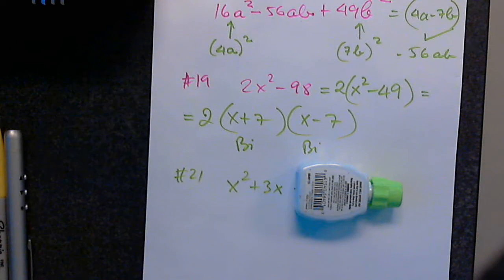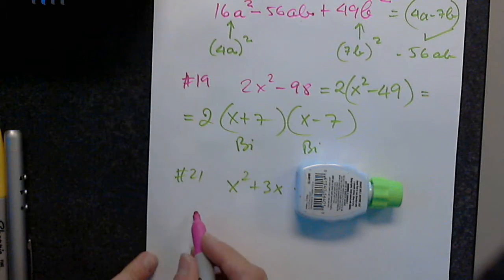If that doesn't work, I will try the first grouped with the last and the middle two. So there are 3 different options. First two, last two is one option. 1 with 3, 2 with 4, and 1 with 4, 2 with 3. And if none of these 3 work, then I'll say not factorable or prime. For now I'm going to try the first two.